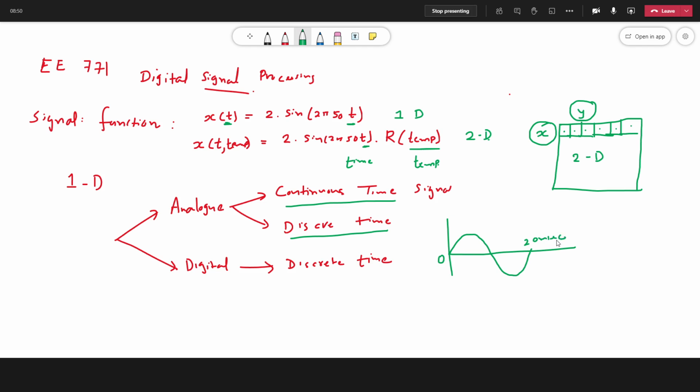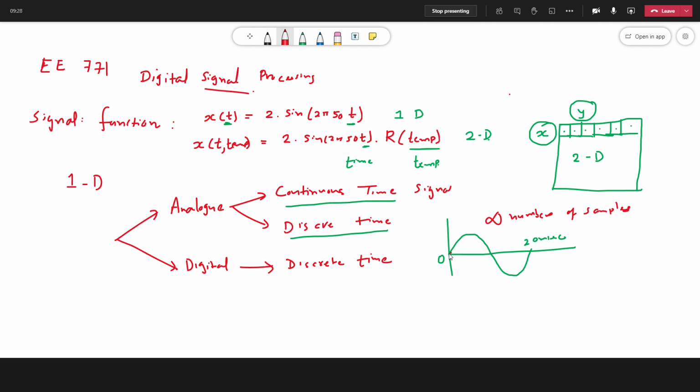Of course, if I want to represent the signal with zero errors, I will need each sample present in it, and you will appreciate that there are infinite numbers of samples present in this signal.